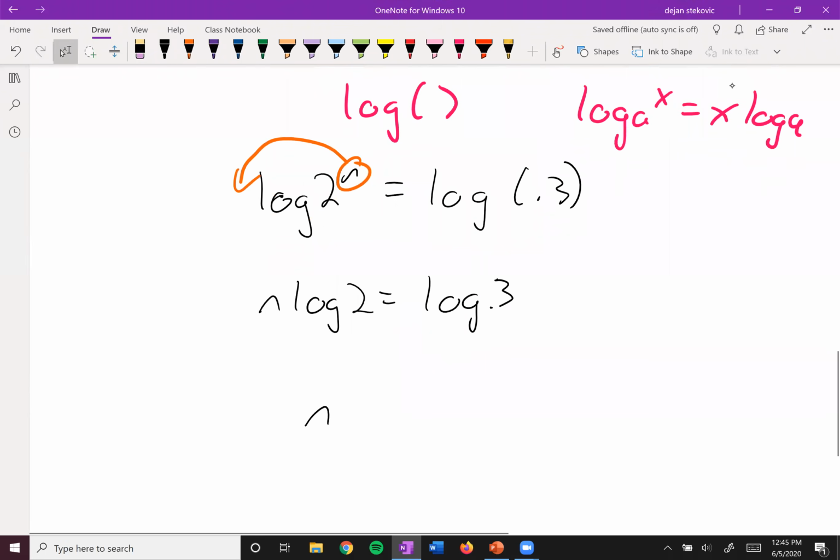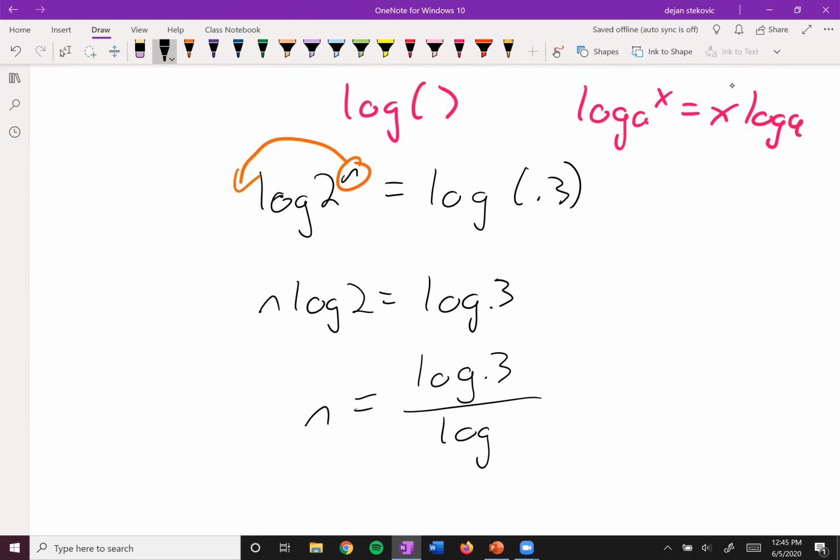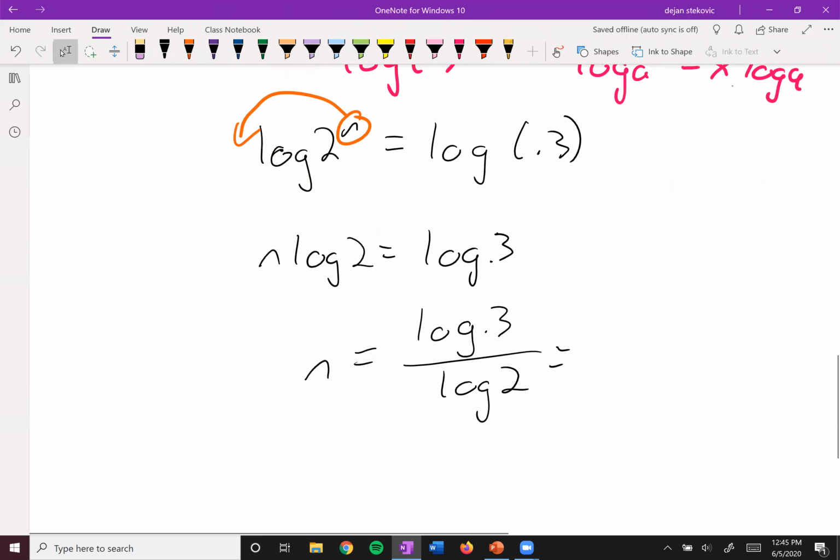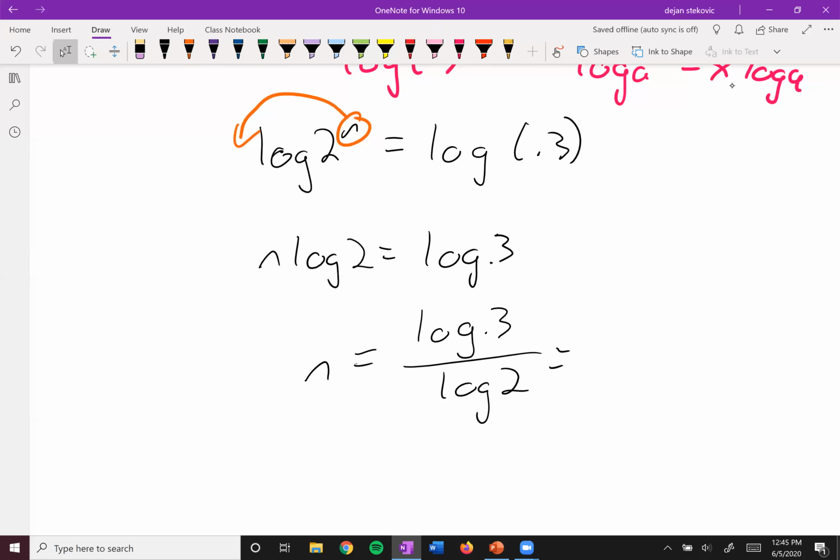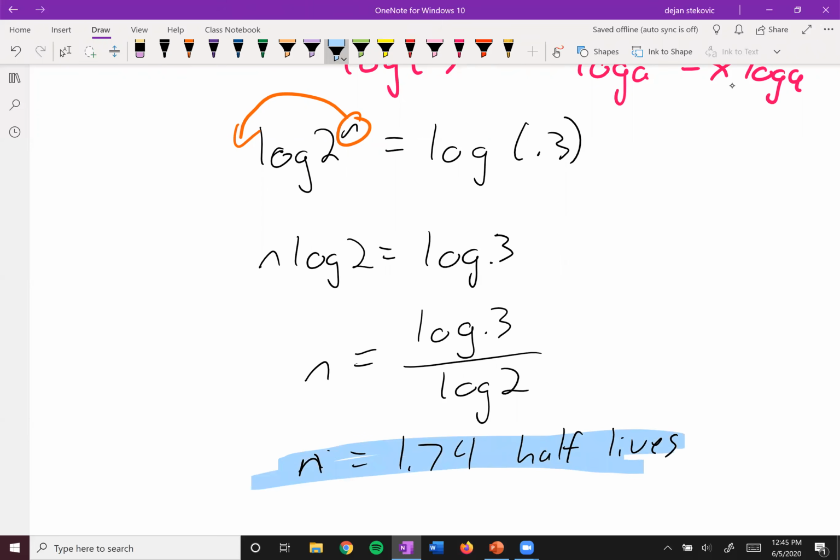Divide both sides by log 2, and n is equal to log of 0.3 over log of 2, which is equal to 1.74. Remember, this is the number of half-lives.